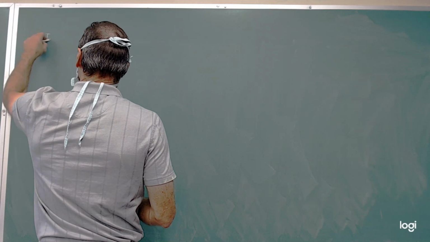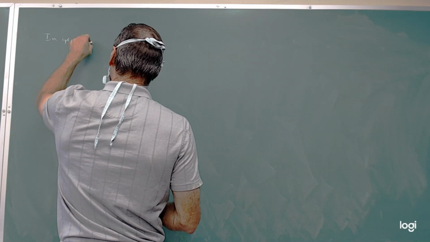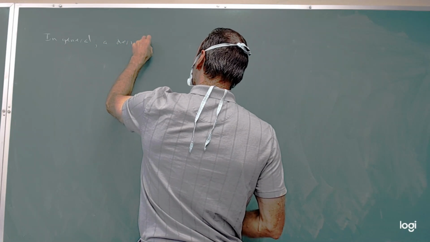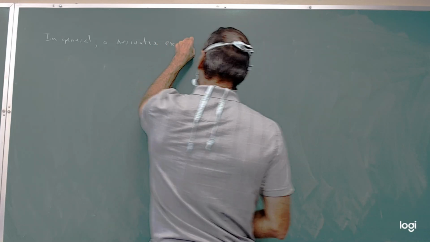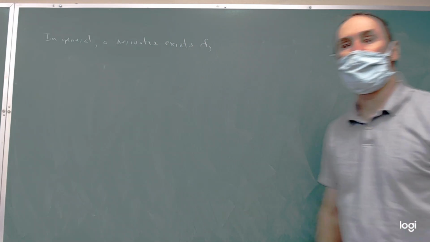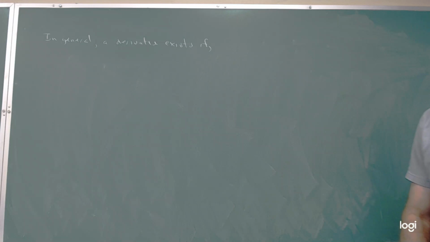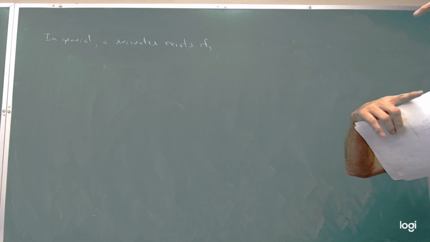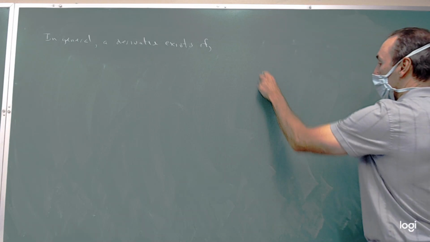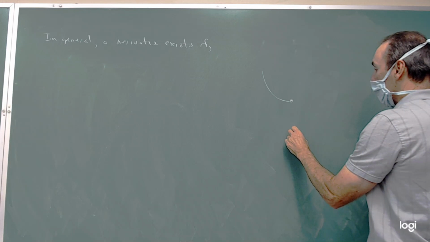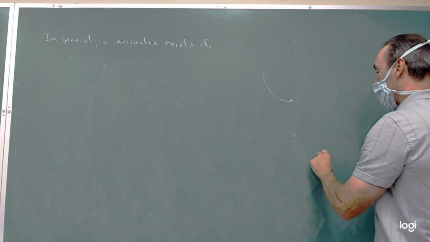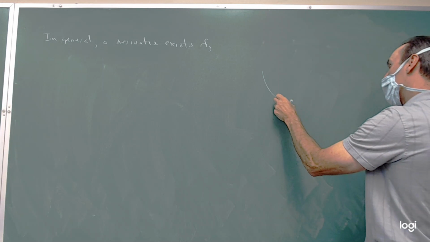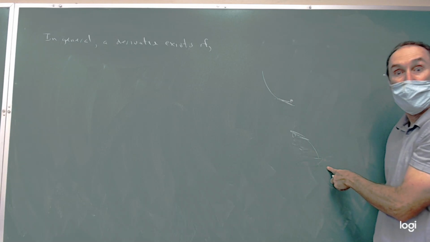So in general, a derivative exists if, and this is the part that can get you in trouble too, first of all, it's got to be continuous. When you have a piecewise function, if you're not considering the continuity piece, you can be misled, because you can get a piece that comes in here and a piece that comes in there, and as you come in, the slopes of the tangent line are going to be parallel.